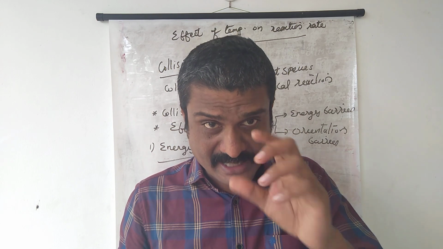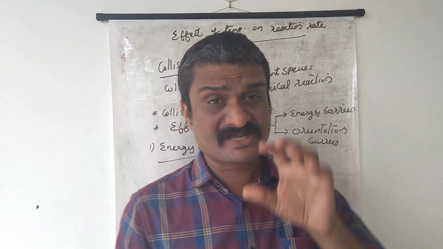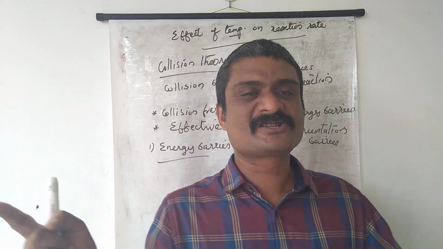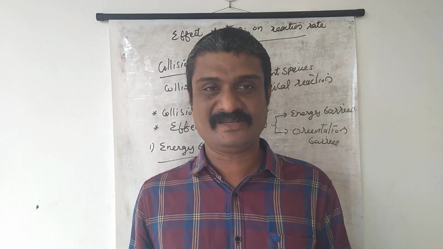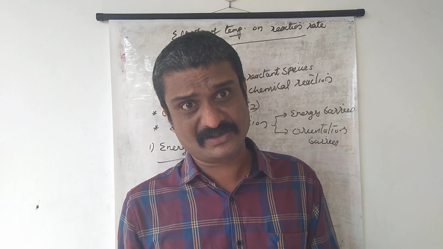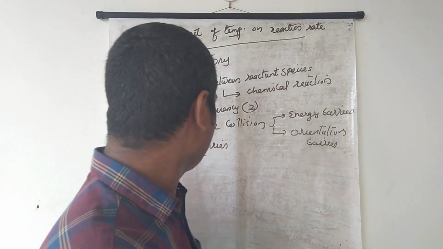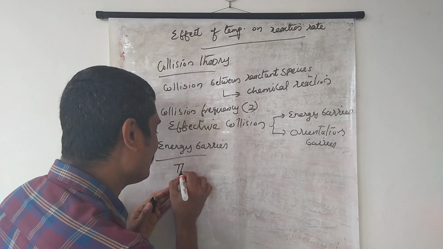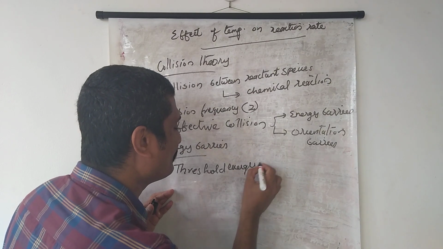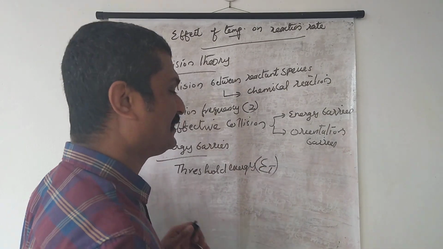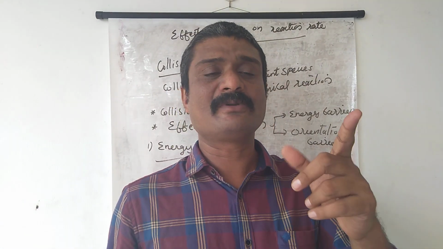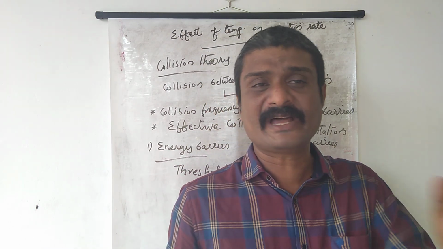That means the reactant species must possess a certain minimum amount of energy to break the bonds, which leads to the formation of the product. The minimum amount of energy possessed by the reactant species to bring about a chemical reaction is called threshold energy.